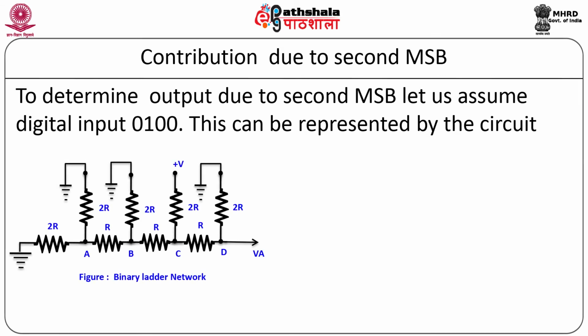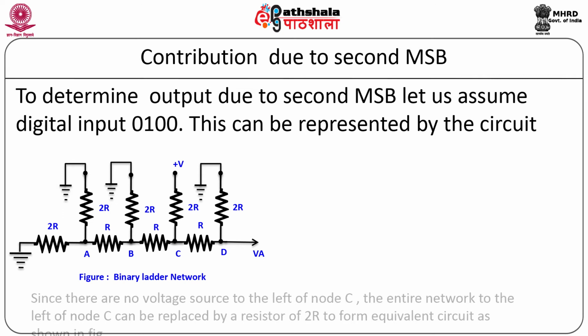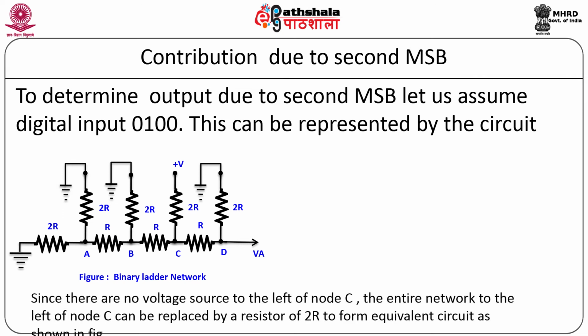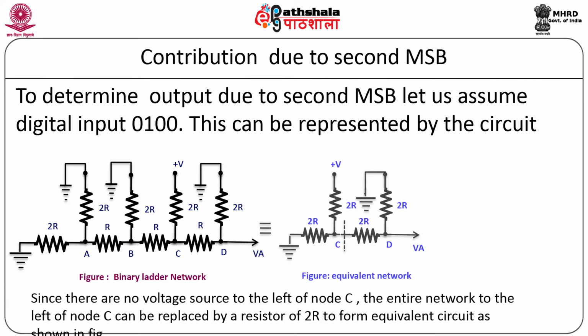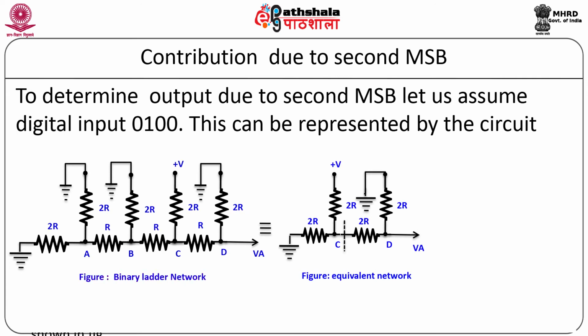From the circuit we can see that to the left of node C there is no voltage source, and hence the entire circuit to the left of node C can be replaced by a single resistor 2R, and hence the equivalent circuit becomes, since there is no voltage source to the left of node C, the entire network to the left of node C can be represented by resistors of 2R to form the equivalent circuit.